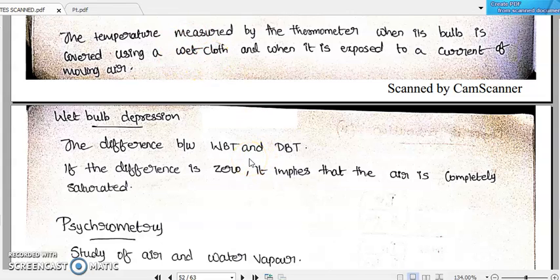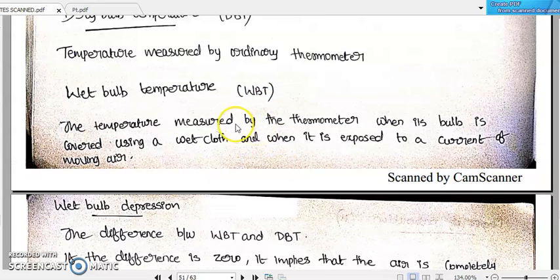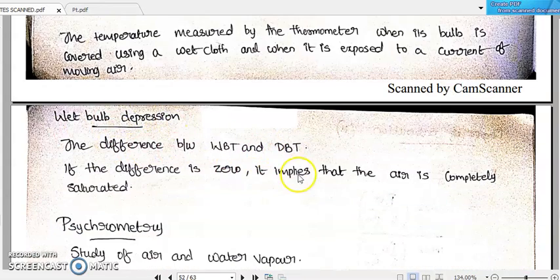So the temperature indicated by the wet bulb thermometer will be the same as the dry bulb temperature. So if the wet bulb depression is 0, it indicates that the atmospheric air is fully saturated.